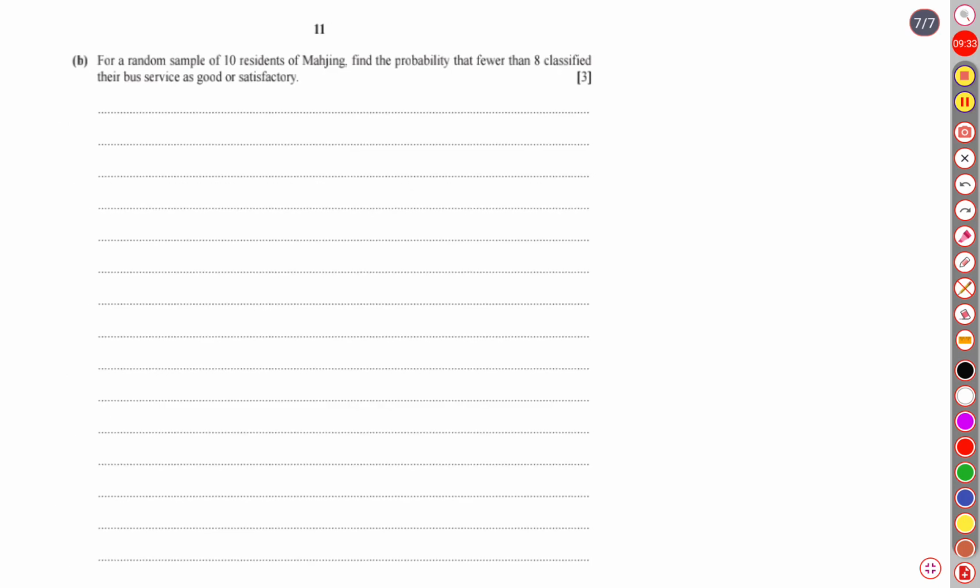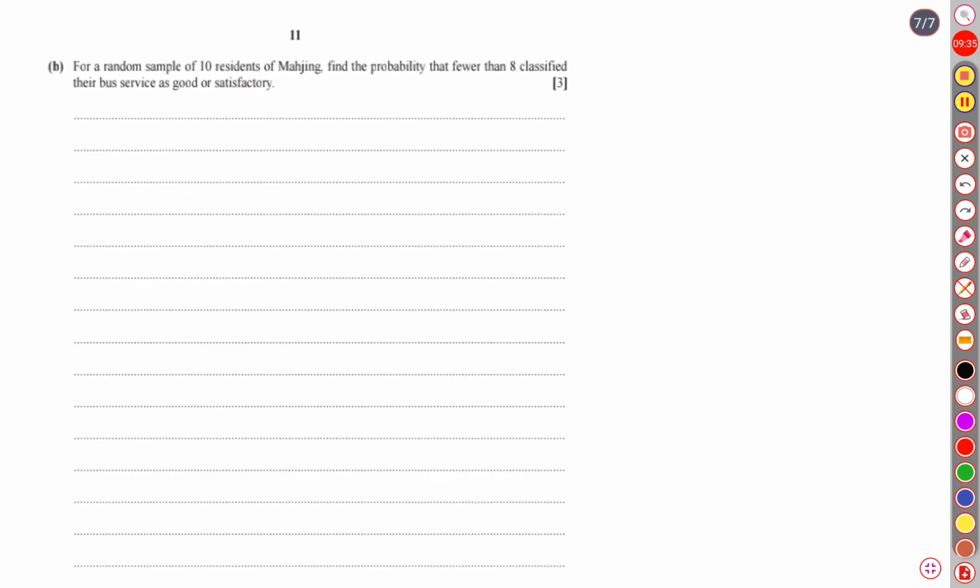Whenever or is mentioned, it means summation of the probabilities. One more thing is that the total number of samples is given. It's definitely binomial distribution, because in the previous one it was approximation, and whenever the word approximation is mentioned, you convert binomial into normal distribution.